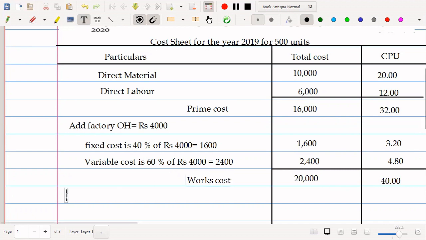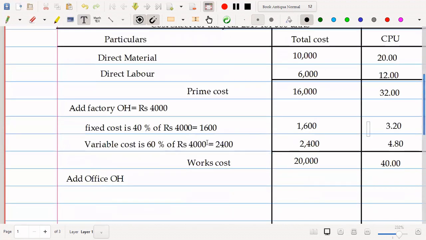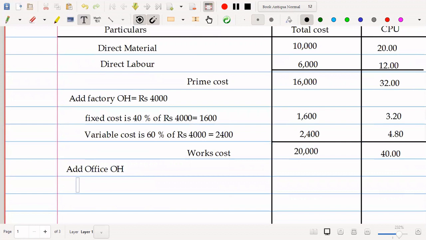And next again add office overhead. Again the same instruction is followed: 40% fixed and 60% variable. In one sentence they have given both factory as well as office overhead. So what is office expenses here? Office expenses is rupees 2,000. Now fixed cost is 40% of rupees 2,000.